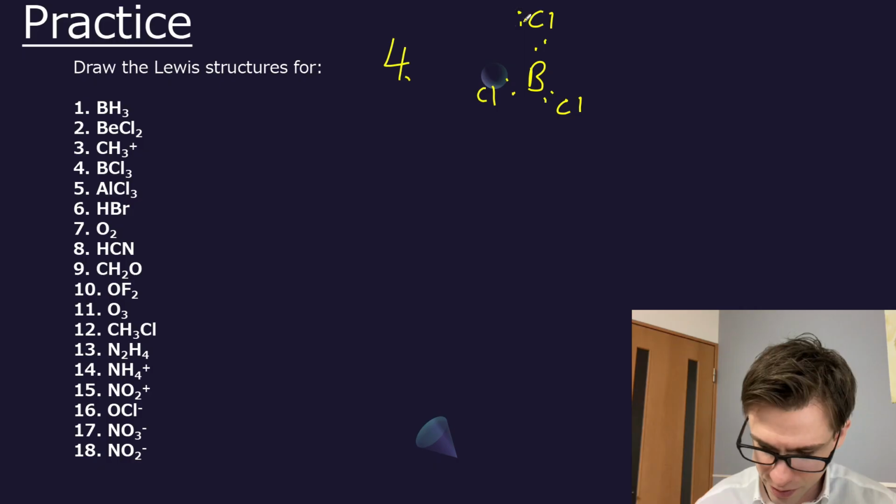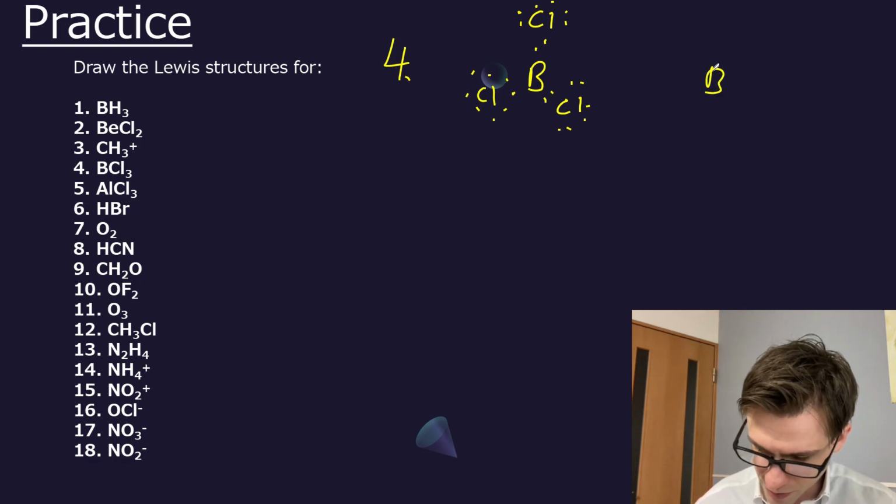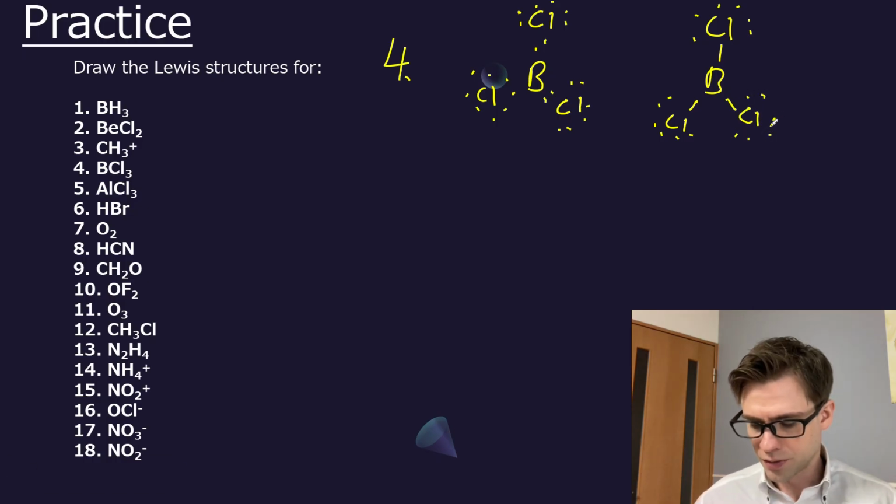They'll all have full octets with lone pairs. So the final structure will look something like this. Okay, boron can't form an octet.